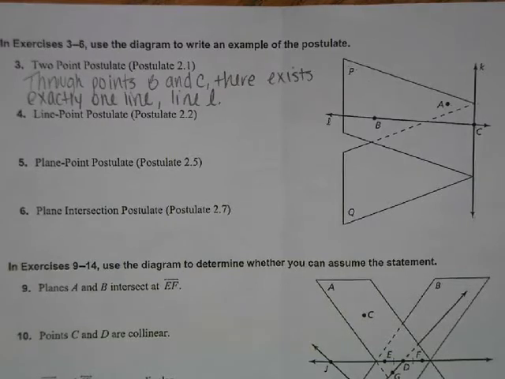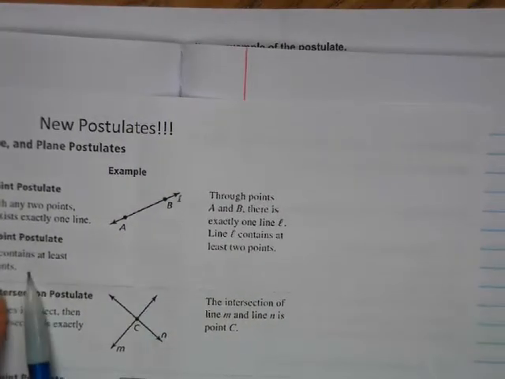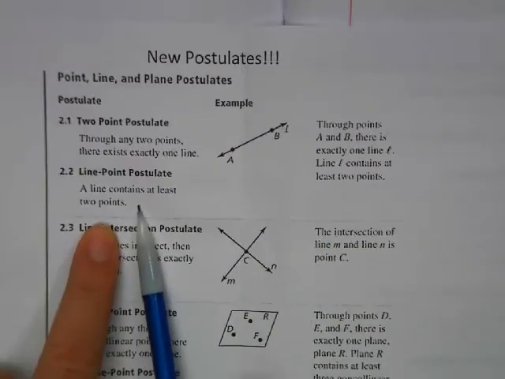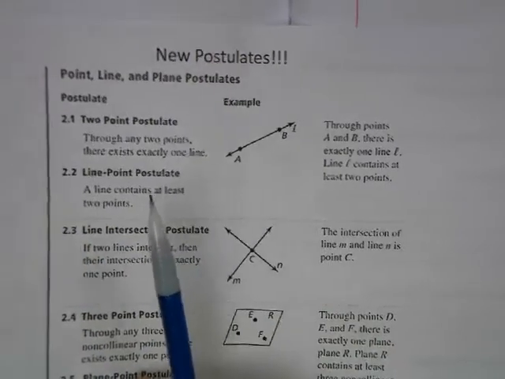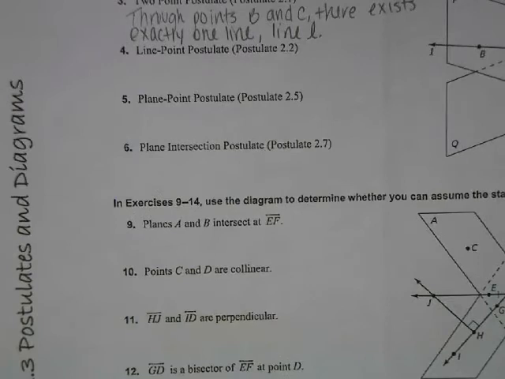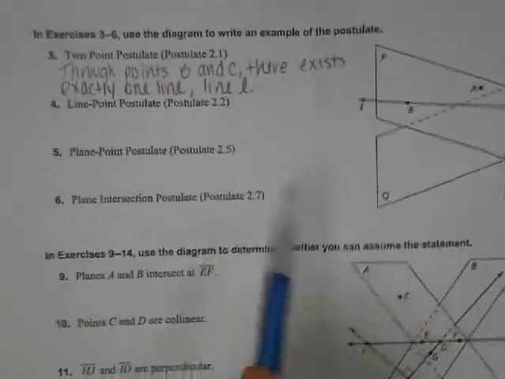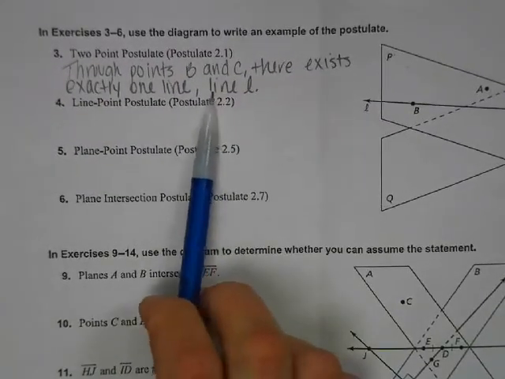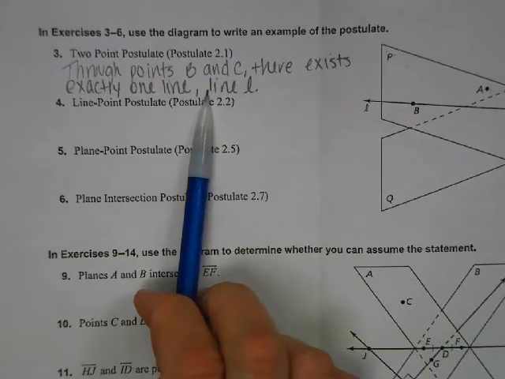Okay, number 4, line point postulate. So go over to page 16 and read what the line point postulate is. It says a line contains at least 2 points. So it's almost like the converse of postulate 2.1.